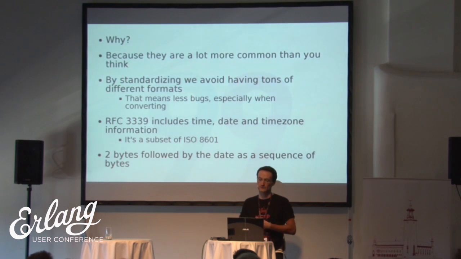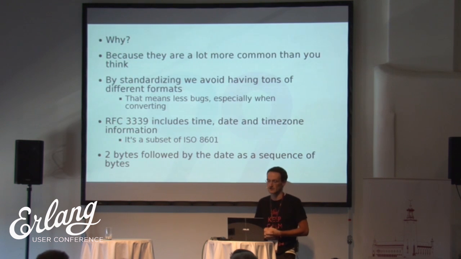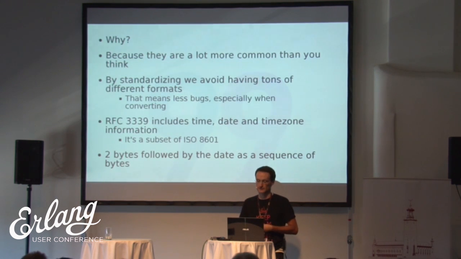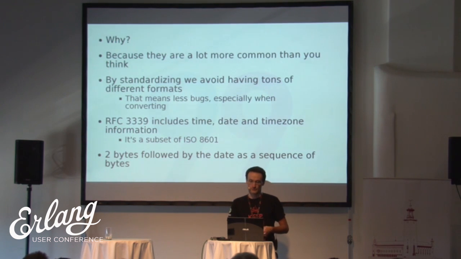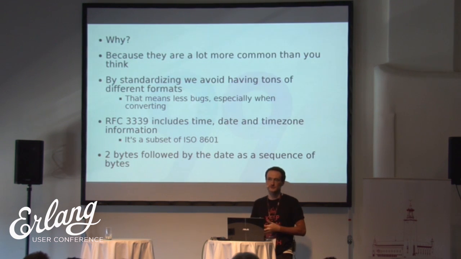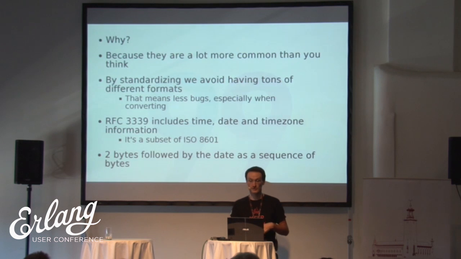And converting between those and making sure that they follow DST properly and things like that is actually very hard. So instead, by using this particular date format, we make sure that there isn't any way to introduce bugs simply by mishandling dates. So in essence, it's still more or less a string, except we know it's a date.